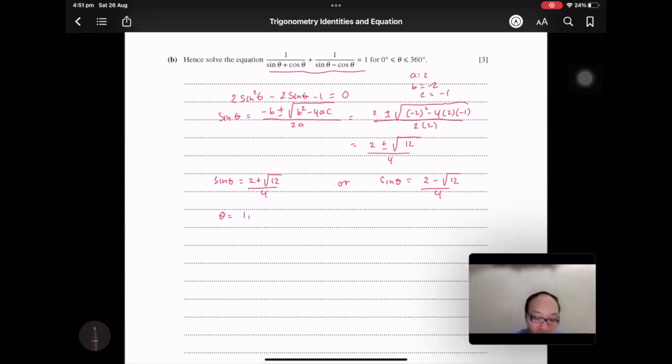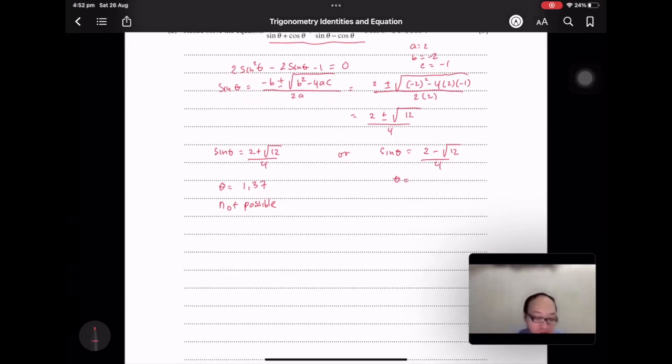So it's 1.37. So this is not possible. So that means from this side, we have sine inverse equals negative 21.5.